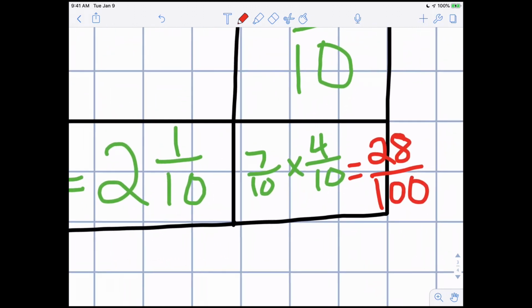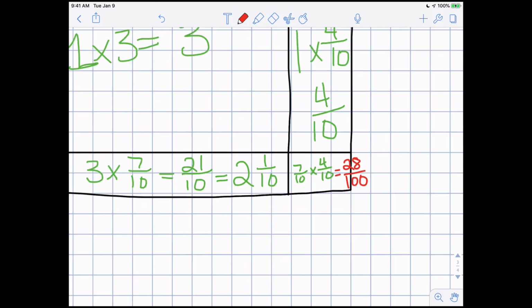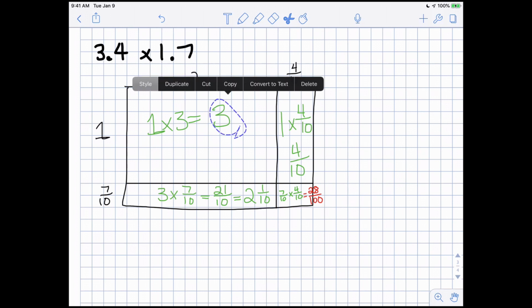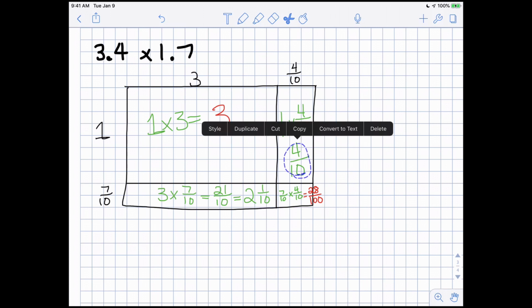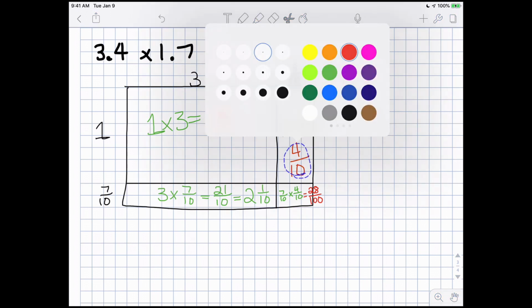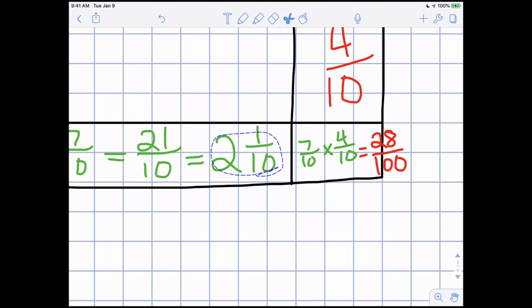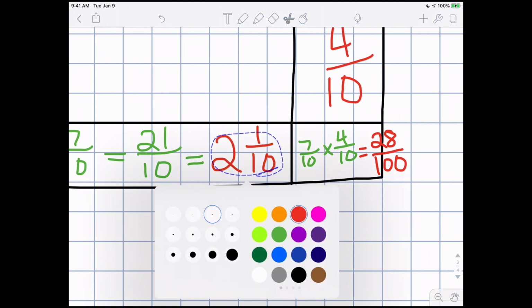Why is it 28 hundredths? Because remember, it's going to be 28 little squares, and it takes 100 little squares to equal one big whole unit. All right, so now we have this area, we got this area also, and then we've got this area, lastly.